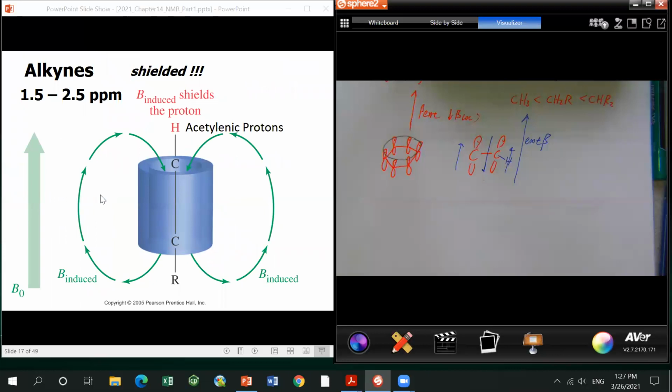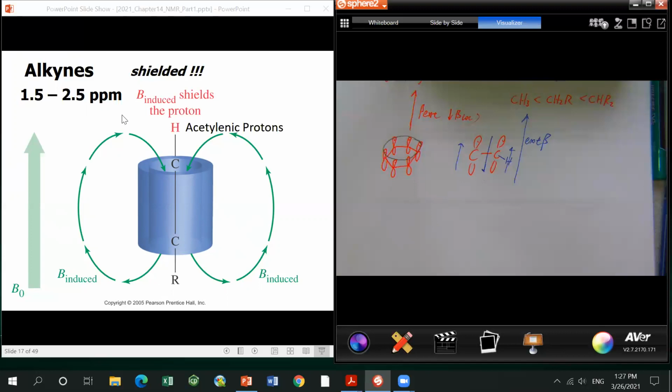All right, now come to alkyne. The alkyne certainly also generates a strong local magnetic field. But the interesting thing is that the proton on the alkyne is located so that the local magnetic field points in the opposite direction from the external magnetic field.